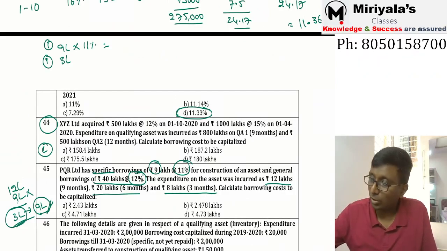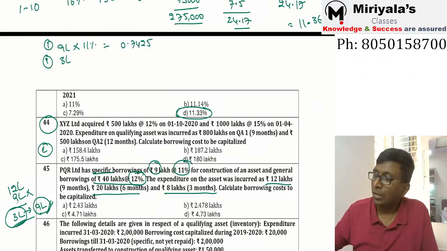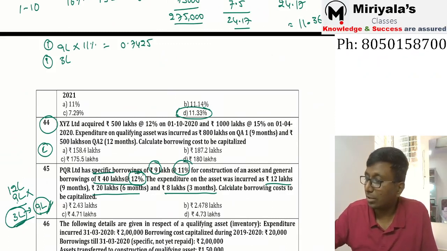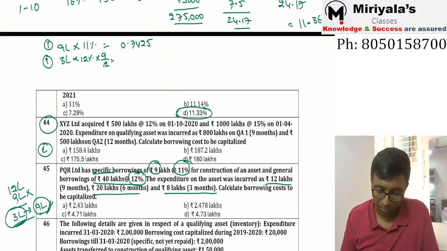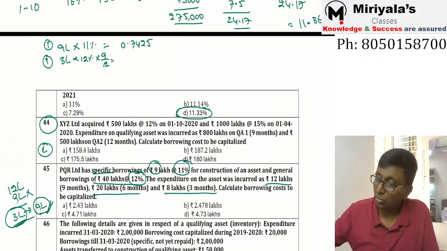That is equal to 74,250. Next, 3 lakh, what rate will come? For the 3 lakh, the general borrowing rate applies: 3 lakh into 12 percentage divided by 12 into 9 months. That is equal to 27,000.